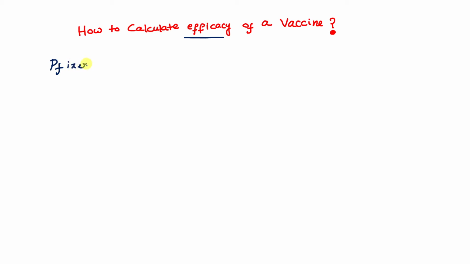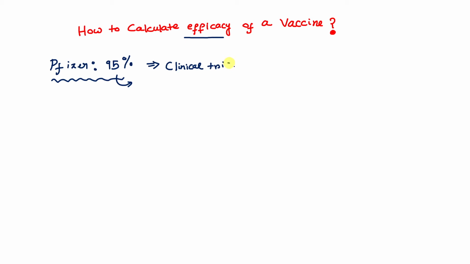This vaccine is basically a US-made vaccine which has an efficacy of 95%. Now the question is how this 95% efficacy has been calculated. It is important to note that the efficacy is calculated during the clinical trial process. So what happens during those clinical trials?